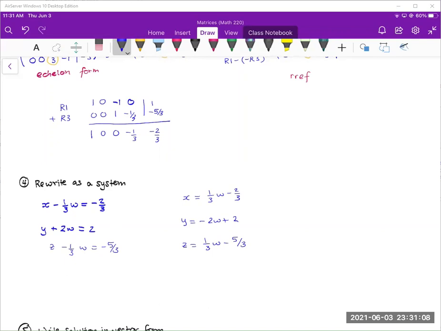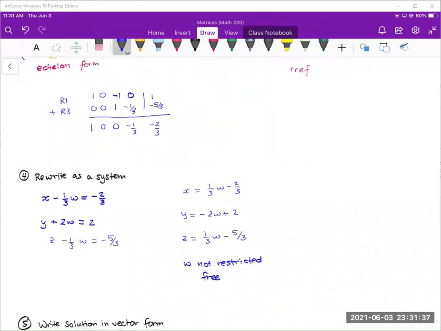All right, so x, y, and z all depend on w, and w doesn't have any other restrictions. So we call it free. So it can be any value. Okay. So if we know what w is, then we can say what x, y, and z are going to be.